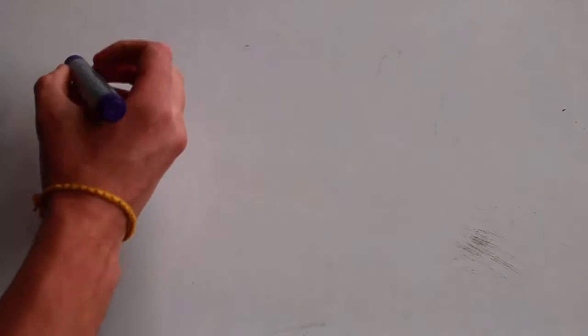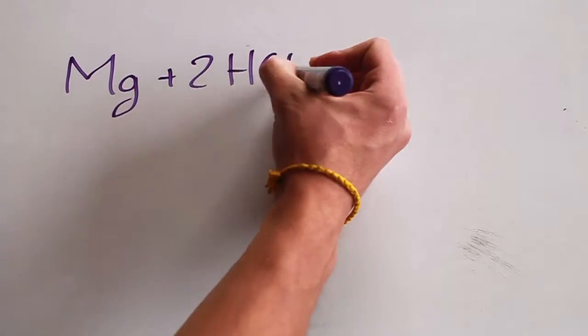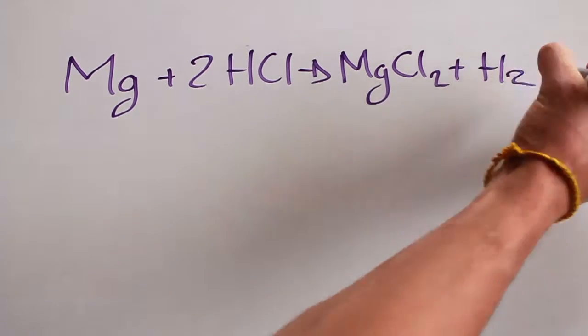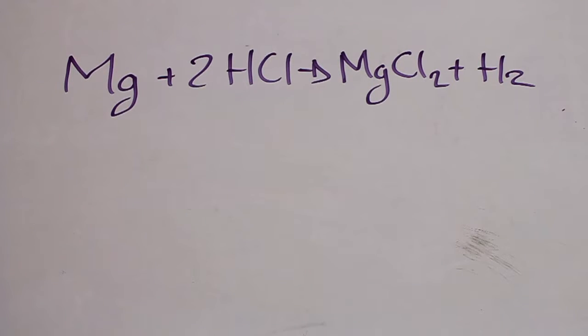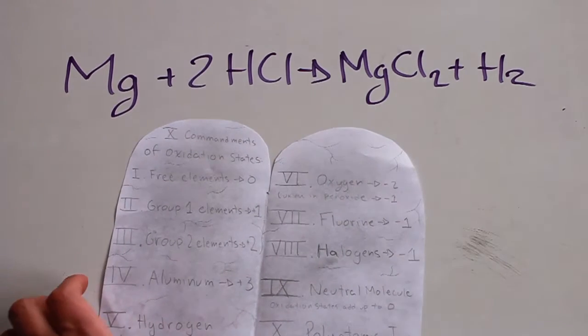Now, how can we use this to differentiate between oxidation and reduction? To determine which element is being oxidized and which element is being reduced, we once again have to assign oxidation states to each element, using the 10 commandments of oxidation states.